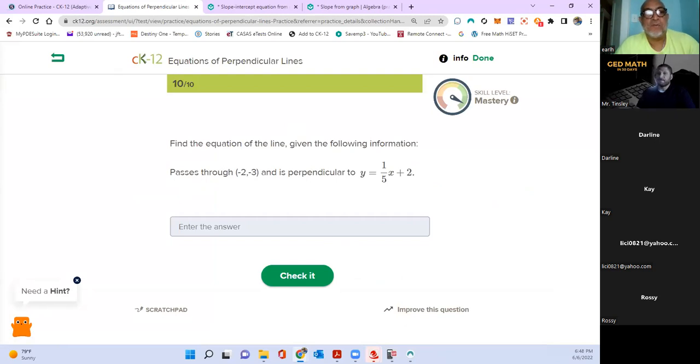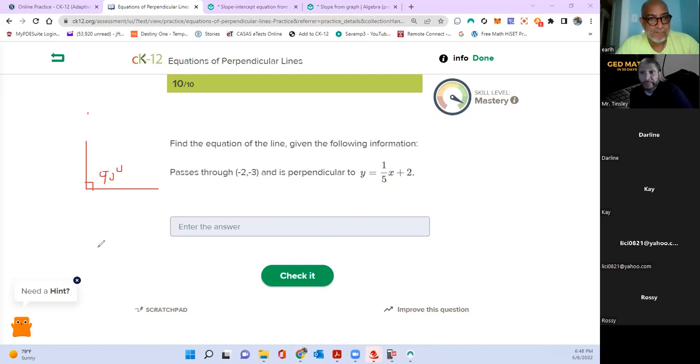It forms a 90-degree angle. Yes, who said that? Wonderful. So perpendicular lines are two lines that when they cross will form a 90-degree angle.